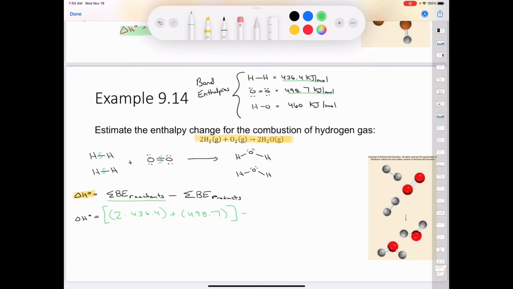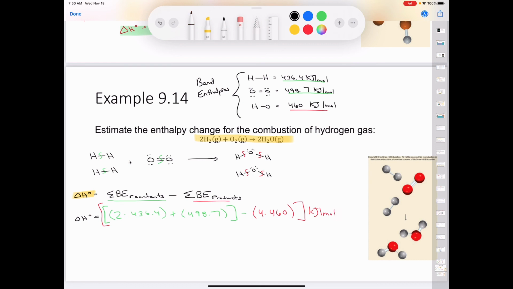And then I'm going to subtract from that the bond enthalpies from my products. What are the types of bonds in water? I have 1, 2, 3, 4 oxygen-hydrogen bonds. So I'm going to subtract 4 times the bond enthalpy of the oxygen-hydrogen bond, which is 460 kilojoules per mole. So I'll take all of this and I'm going to put the whole thing inside of the units of kilojoules per mole.